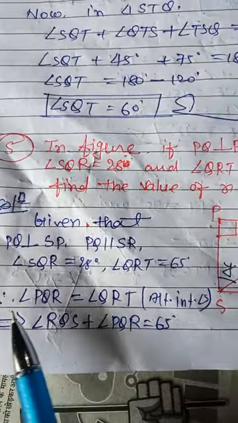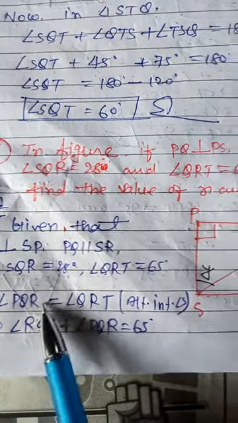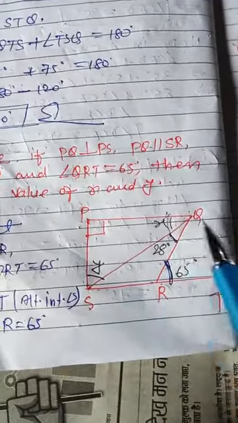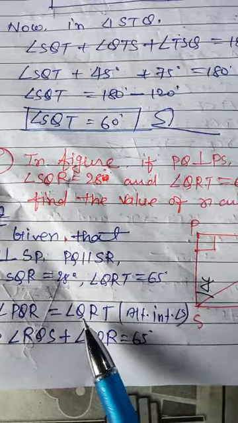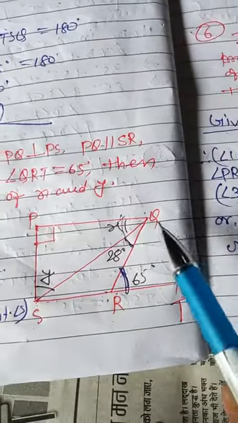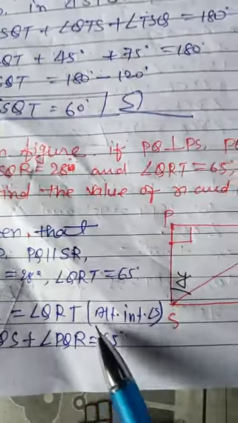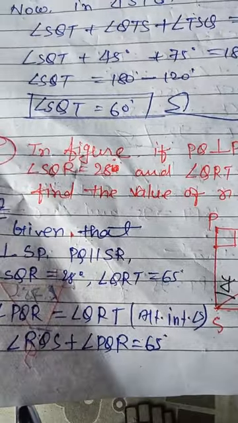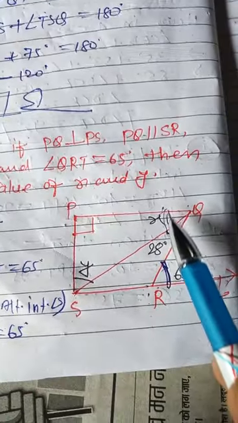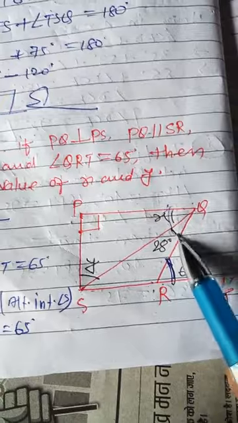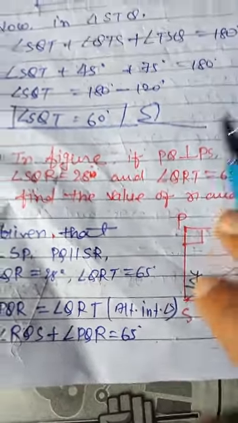So we can write angle PQR is equal to angle QRT, alternate interior angles. So the sum of these two angles is equal to 65 degrees.